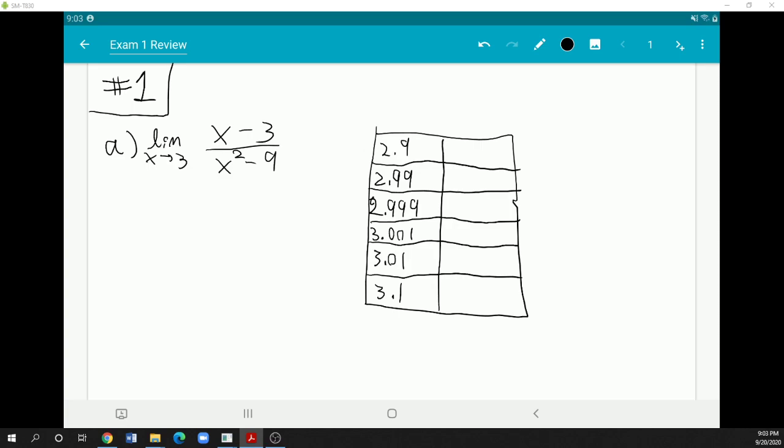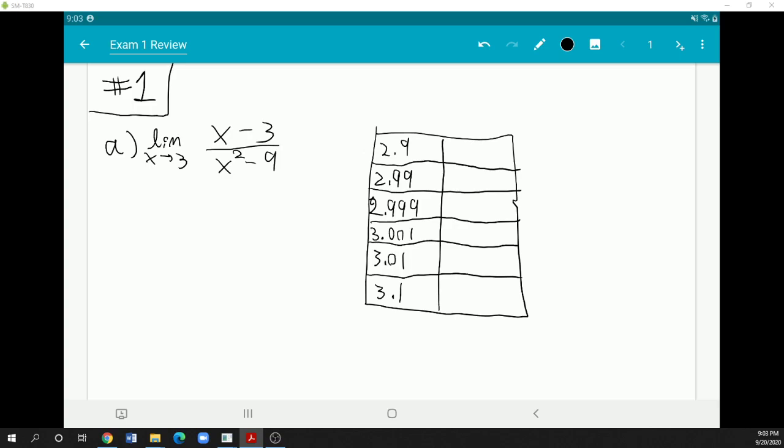But here we go ahead and put these values in. This is what we're going to plug in. And then on my calculator, I'm going to go ahead and type this function into y equals, (x minus 3) over (x squared minus 9). And I'm just going to copy right off of that. 2.999, 3.001, 3.01, 3.1. So let's see.